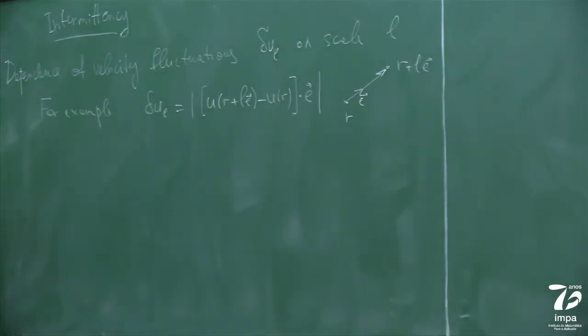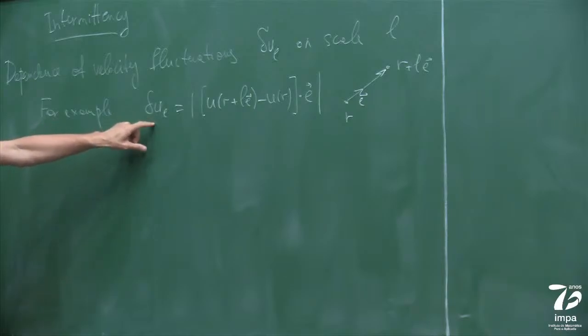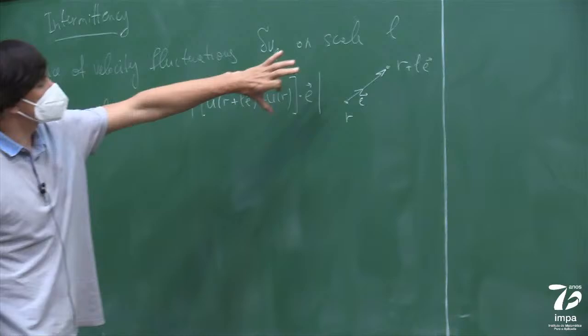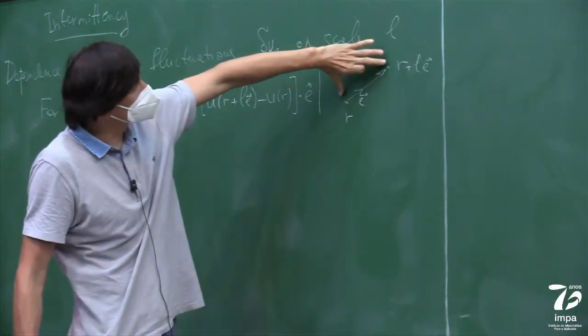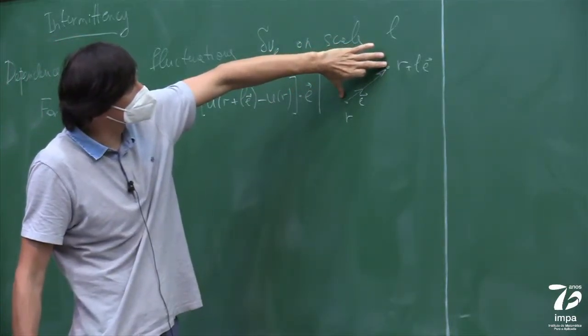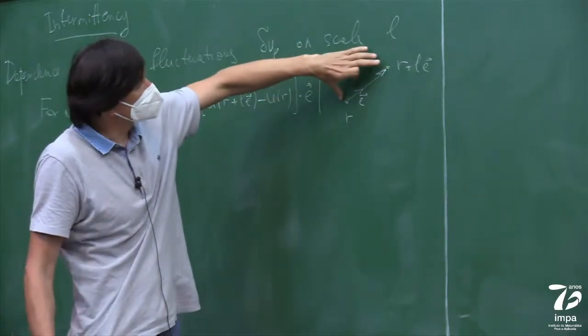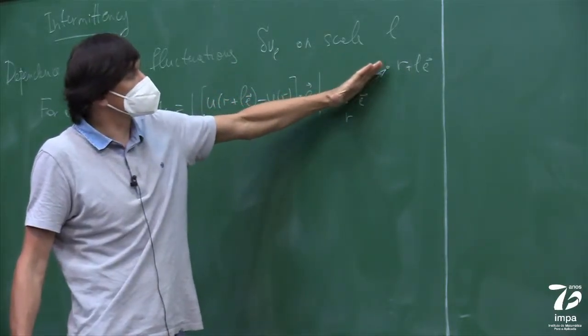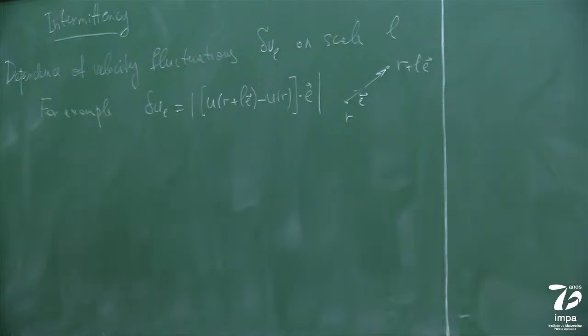So this is what's called the longitudinal fluctuation of the velocity at distance L. So the difference of the velocity at 2 points at distance L projected on that direction. But there are also many other concepts.